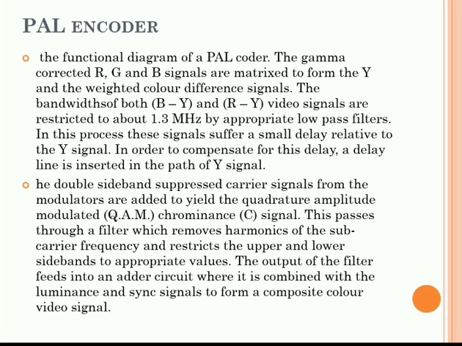In order to compensate for this delay, a delay line is inserted in the path of the Y signal, as I told before, just to get all three signals the same delay.